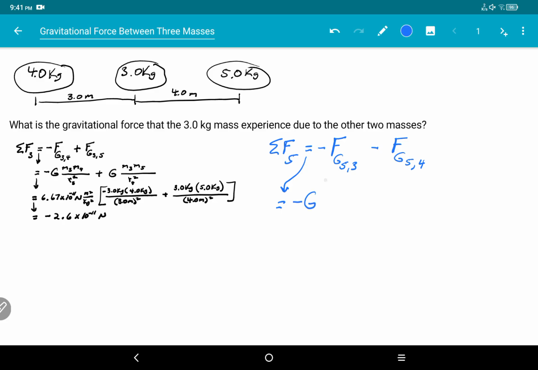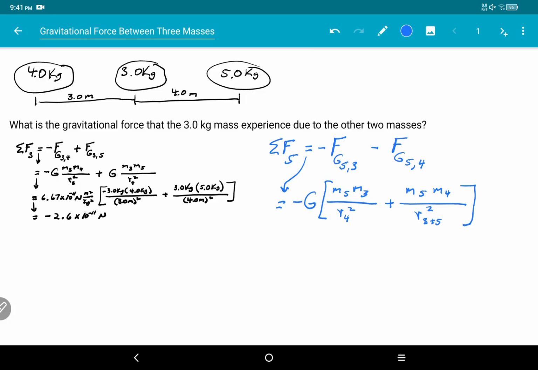So G, parenthesis, this will be m5 times the 3 all over, in this case, r4 squared, plus m5 times m4, but this time around, this is going to be r4, 3 plus the 5 distance, so that you get that in your mind, okay?